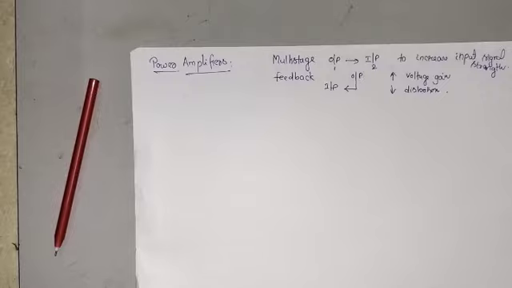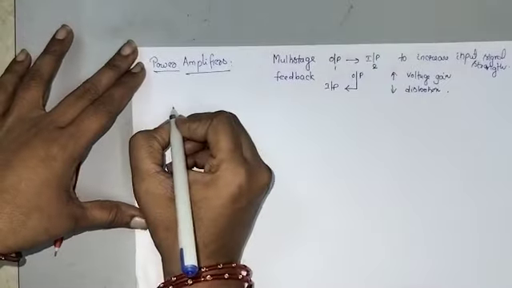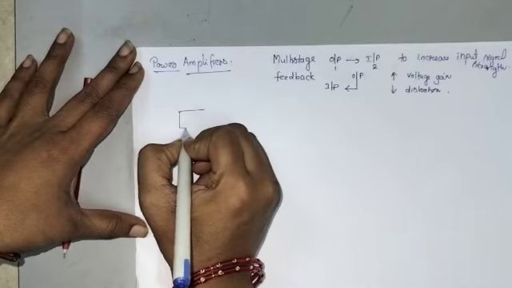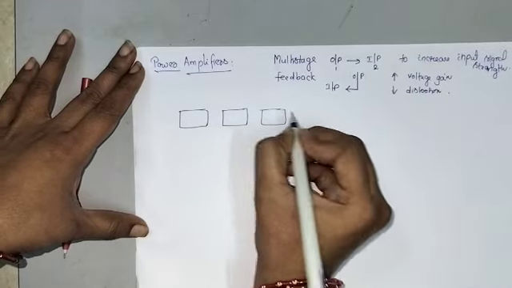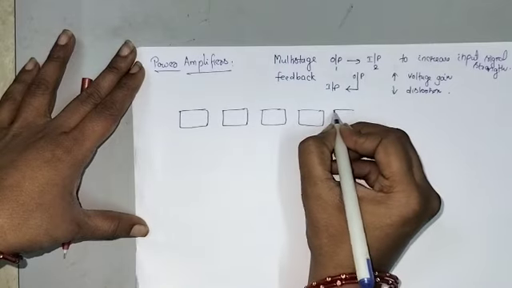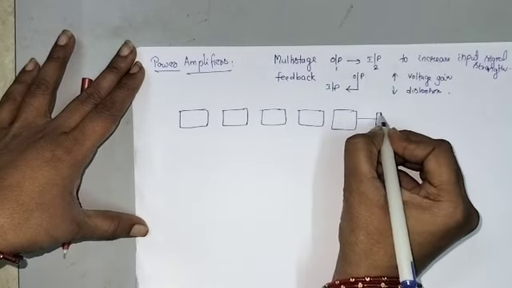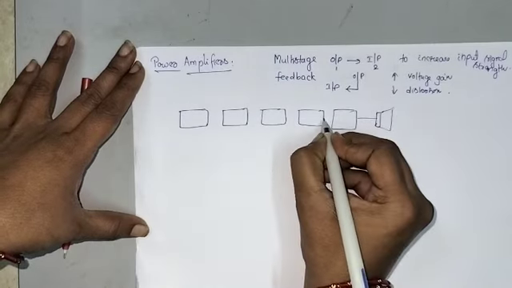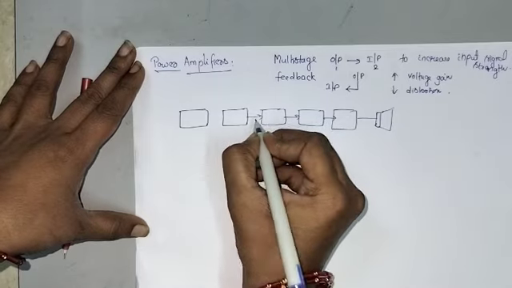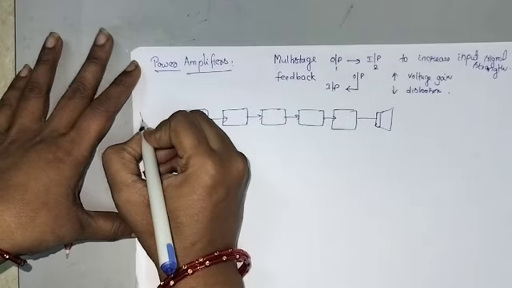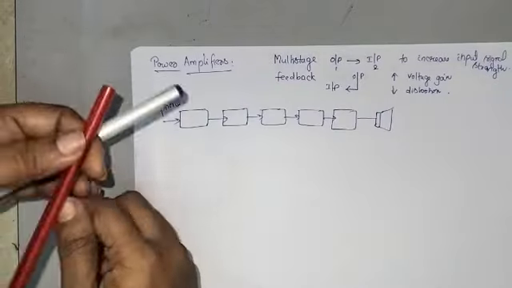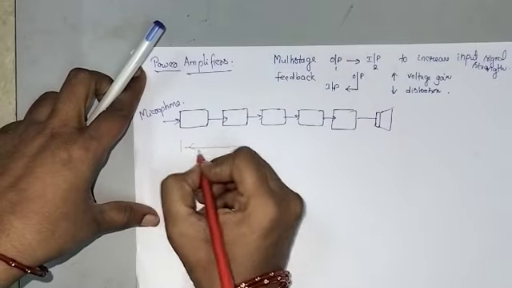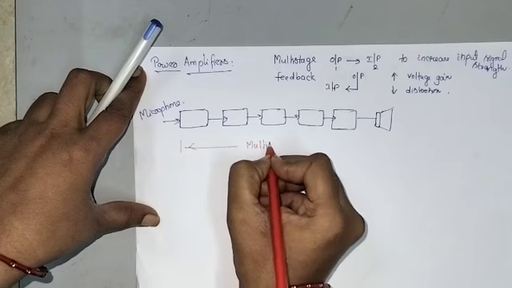Okay. Now, what are power amplifiers? Why do we need power amplifiers? We have to discuss here. Consider a public addressing system, general block diagram. So this is a multi-stage amplifier.